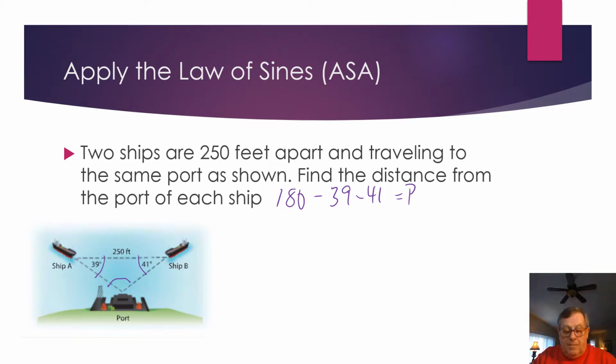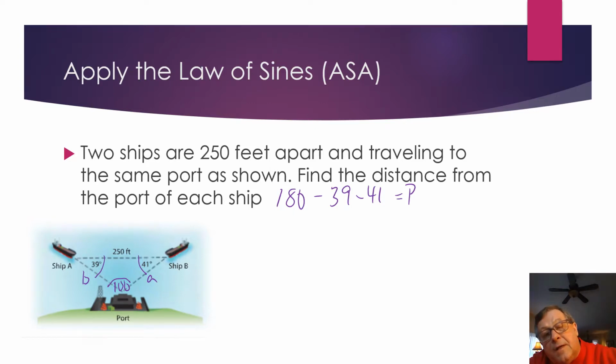So 180 minus 39 minus 41 is 100. So this angle is 100, and I know the side opposite it, 250. I need to find side A opposite where ship A is and side B opposite where ship B is. Let's use the law of sines to do that.